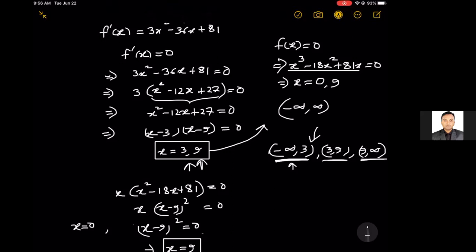We can't plug in a value which is not included in this particular interval. The open parenthesis means 3 is not included. If there were a bracket, then we would have plugged in 3 because that would have meant 3 is included, but that's not the case here.